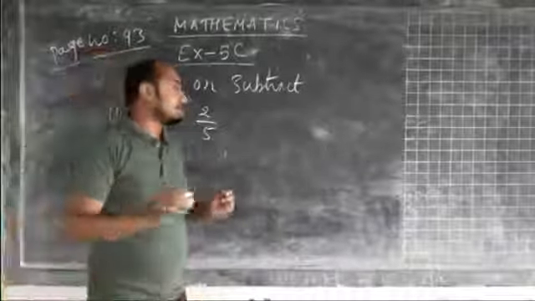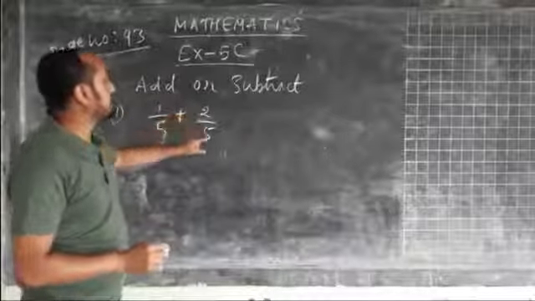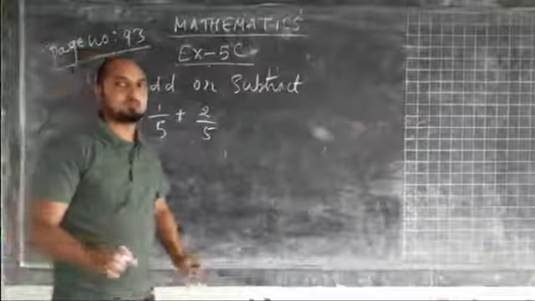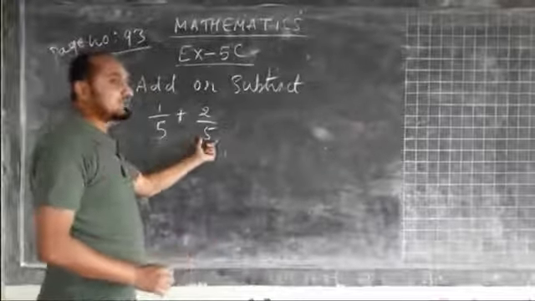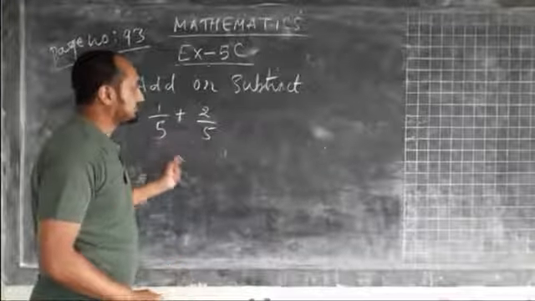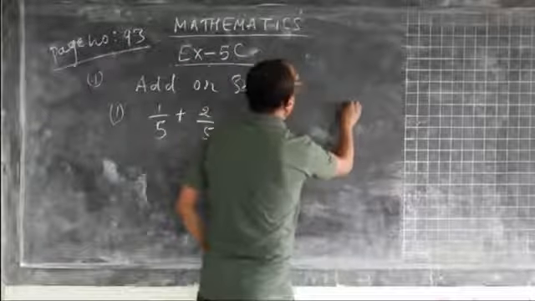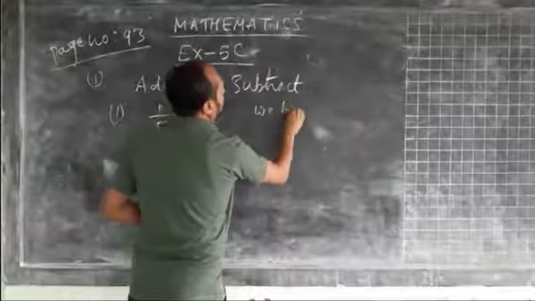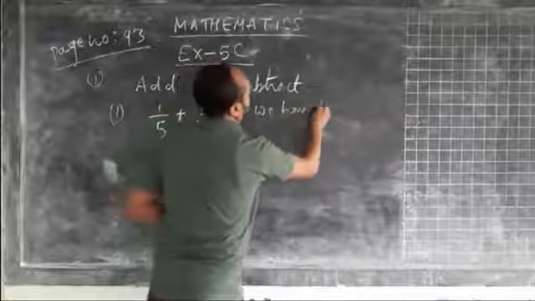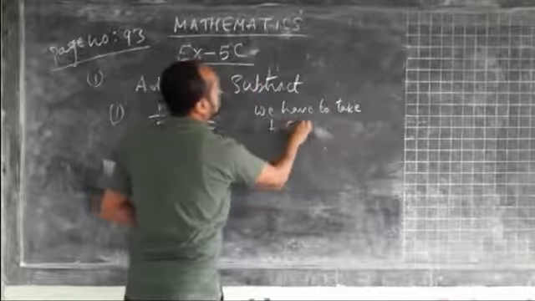So we know that both the terms, 1 by 5 as well as 2 by 5, are like terms. Why are they like terms? Because the denominators are same, that is 5 and 5. So in this case, what we can do is take the LCM.